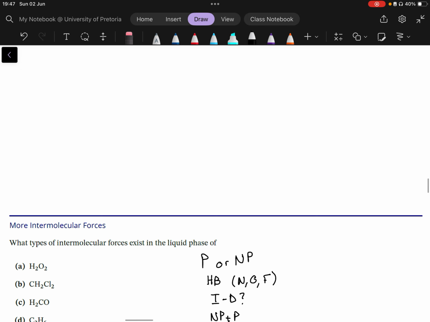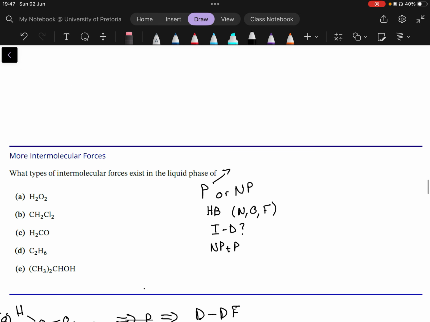Okay, so that's your tick list. Polar means dipole-dipole, and non-polar means London dispersion forces only. Polar means dipole-dipole and London dispersion forces, technically.